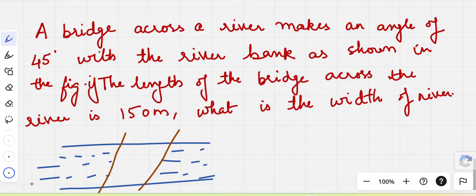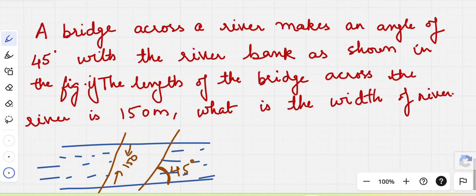This is our bridge. It makes an angle of 45 degrees with the river bank. So this is 45 degrees. If the length of the bridge is 150, that means this is 150.